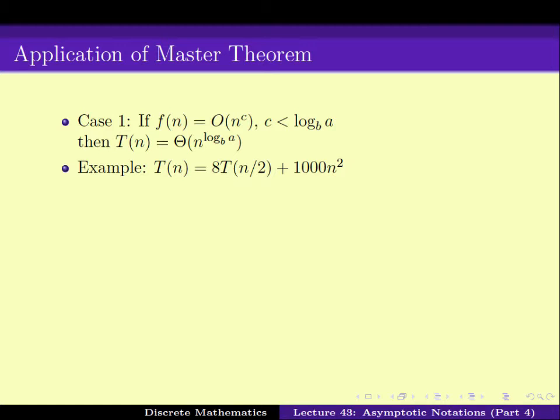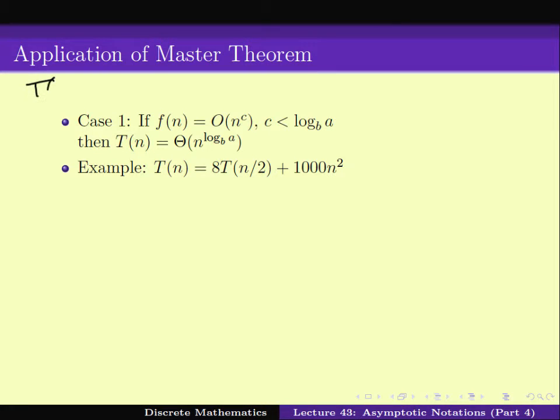So, here is the first case. Let me just write it down here. It was T of n equals a times T of n over b plus f of n, where a was greater than or equal to 1 and b is strictly greater than 1.